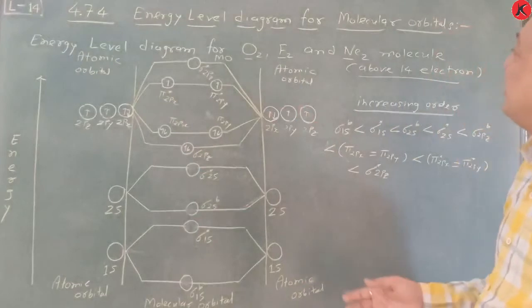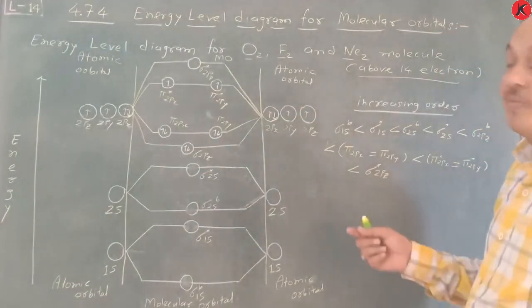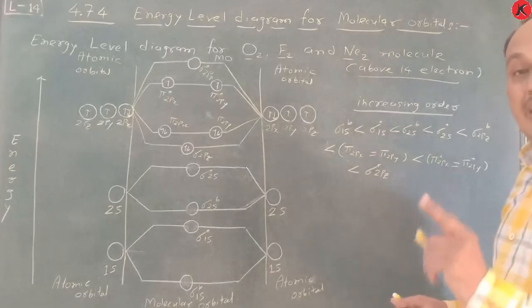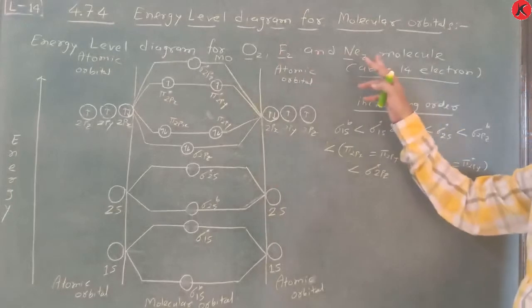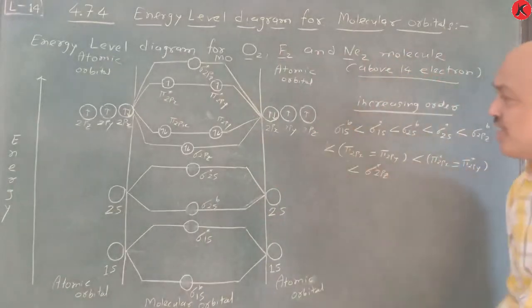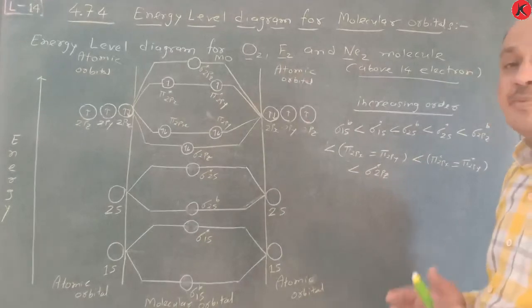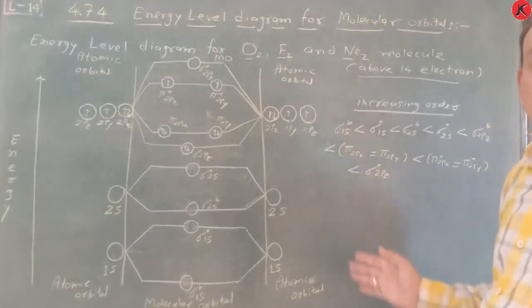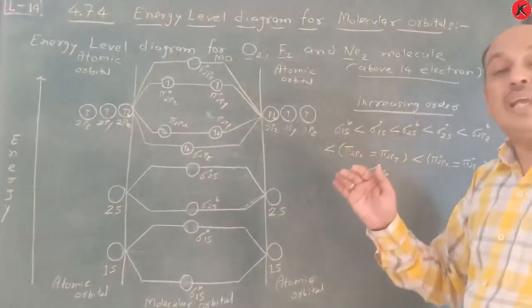This is the energy level diagram for molecular orbitals, and accordingly H2 to N2 is one case, and in the next slide of this session O2, F2 and Ne2 molecules. Take a screenshot of this, remember this structure, write it in your note, and practice it. H2 to N2 and then O2 to Ne2.